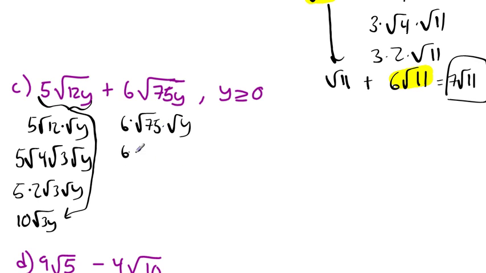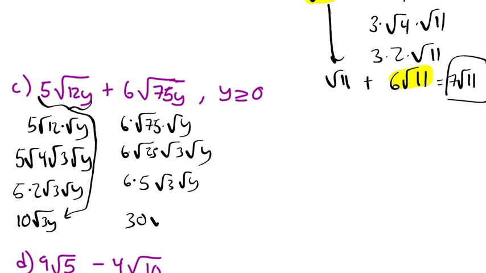So 6 times radical 25 times radical 3 times radical y. So radical 25 is just 5. So 6 times 5 times radical 3 times radical y. So this can all be simplified down to 30 radical 3y.